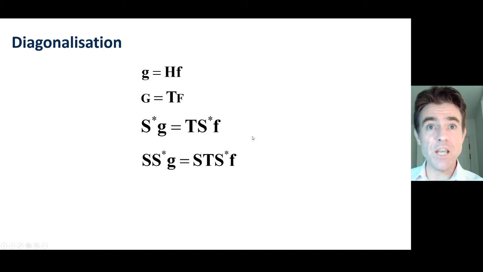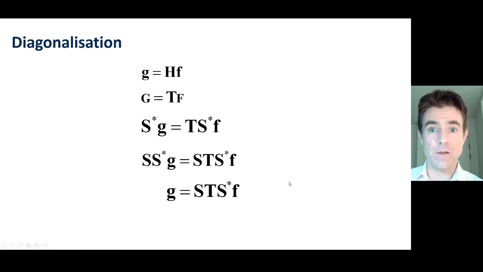Now we can inverse Fourier transform both sides, and that means just apply the matrix S. That just contains all the columns of all those complex exponentials that we've seen earlier on in other parts of this lecture. Applying that to both sides, and we know, thanks to the properties of the Fourier transform and inverse Fourier transform, that this S star just is the identity mapping. So we're just left with G equals S T S star F.